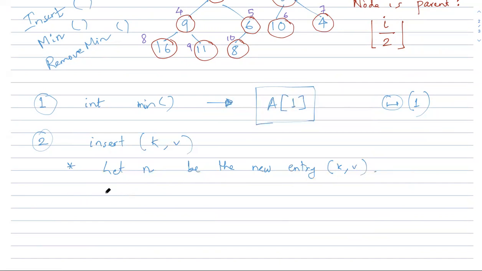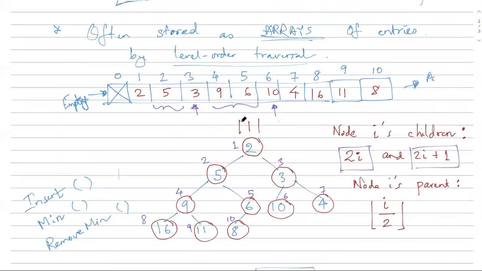The first step is that we place n in the bottom level of the tree. What does bottom level correspond to?